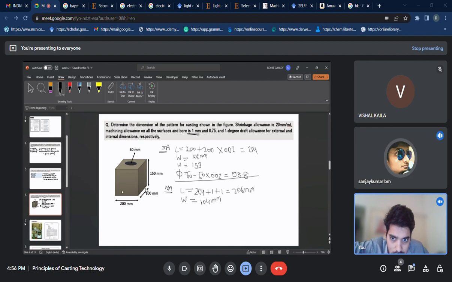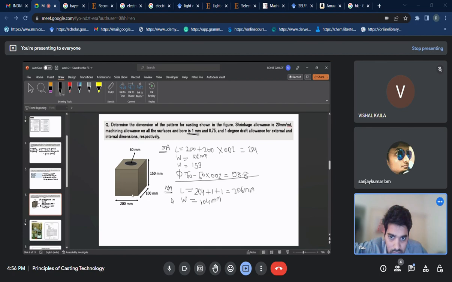So machining allowance, why is it considered only on two sides, when the cuboid has six faces? How is the calculation for the machining allowances taken only on two sides? Yes. So can you see my cursor moving? Yes.